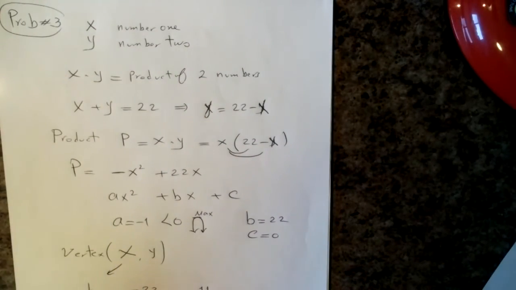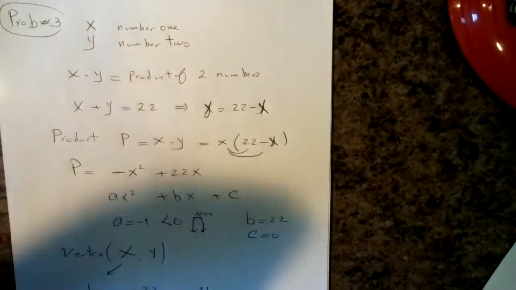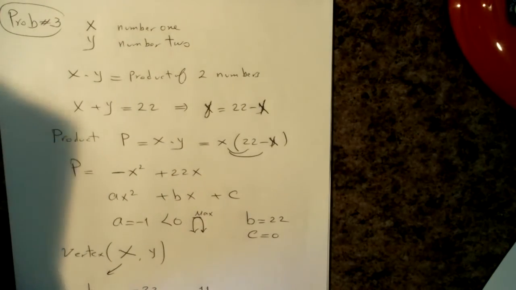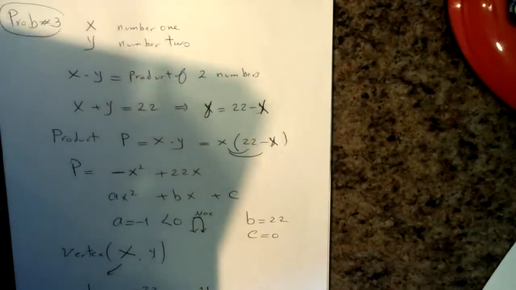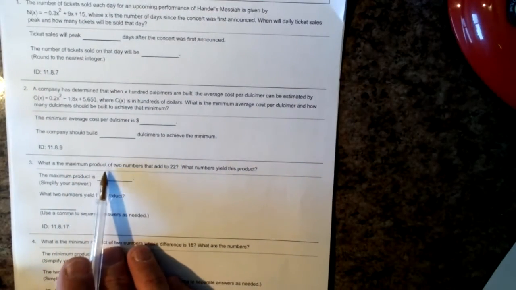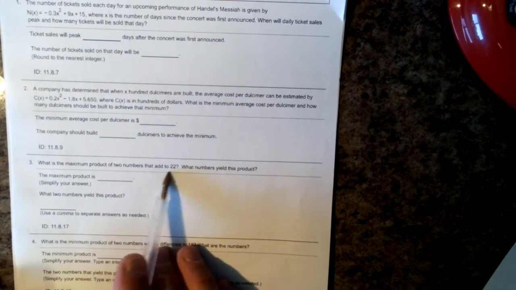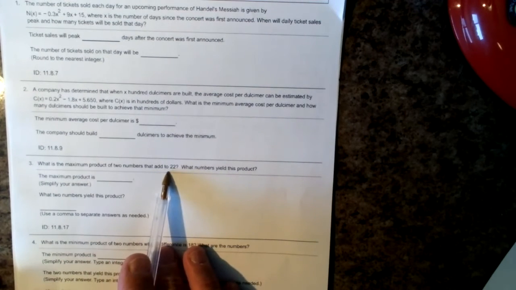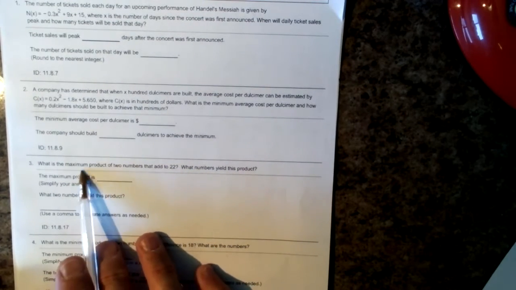Problem 3. On problem 3, it's kind of a word problem. And let me find the problem's statement, which you already have in the copies. Here it said, what is the maximum product of two numbers that add to 22? So there are two numbers that when you add them is 22, and they want us to multiply them.